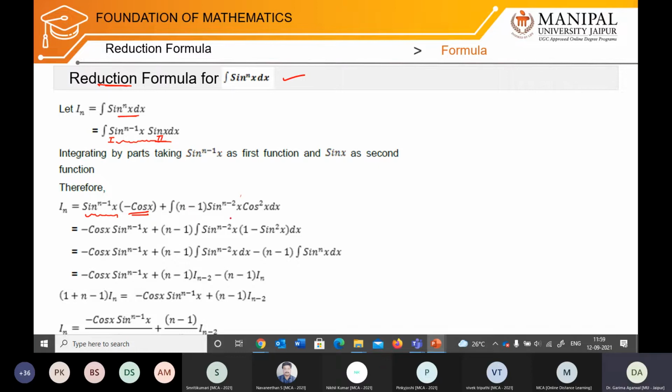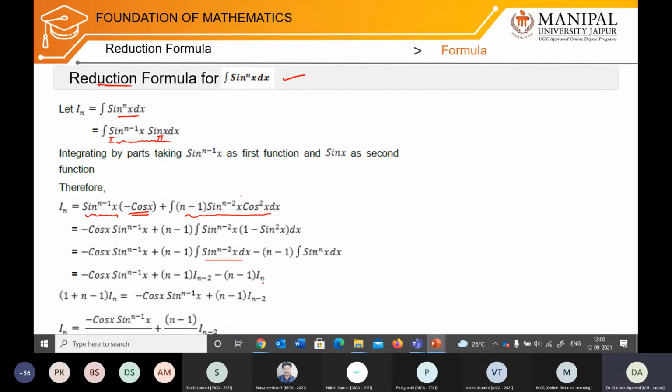Now we'll again integrate this step. We can write cos square as 1 minus sin square. Then we'll multiply sine raised to n minus 2 by 1 minus sin square, right? Then this middlemost term, sine raised to n minus 2. Look, I_n is integration of sine raised to n x dx. So sine raised to n minus 2 can be written as I_(n minus 2), and this term can be written as I_n, right?